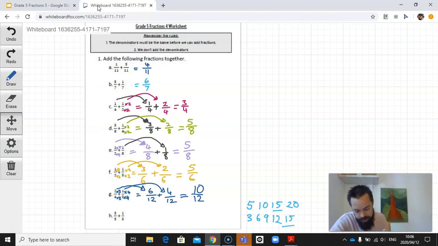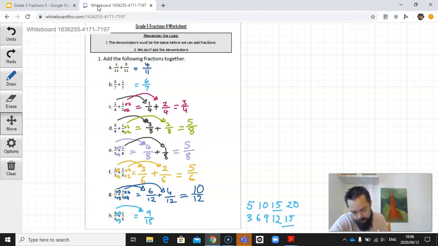Just enough space. There it is, 15. If you want to know how I'm checking, I need to make it 15. So I go 5, 10, 15. So I times it by 3. And what I do to the bottom, I do to the top. So this fraction becomes 3 times 3 is 9 over 15.